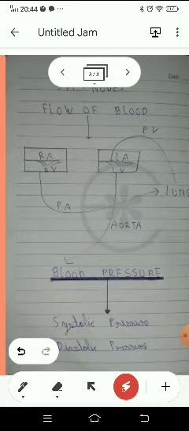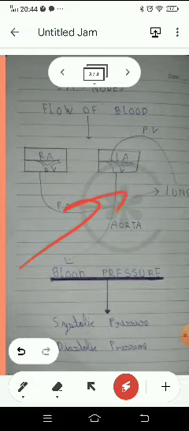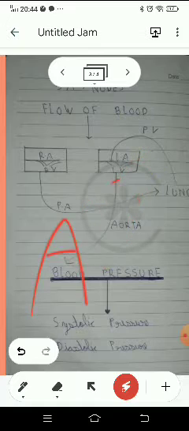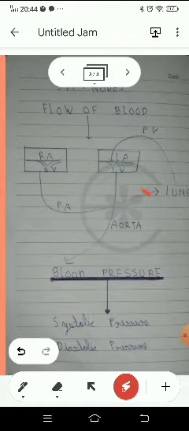Now, sinoatrial nodes coordinate the heartbeat by generating what? By generating electrical impulses. Remember, these nodes generate electrical impulses for the coordination of the heartbeat so that the heart can beat, right?